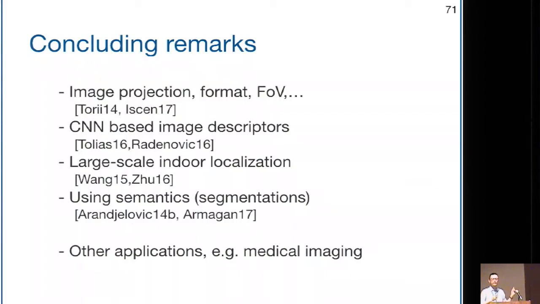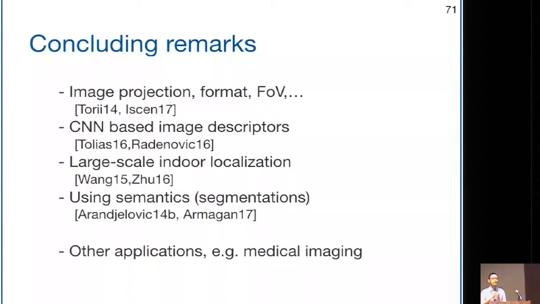Earlier in this session, I said we just make cutouts of perspective images from the panorama, but of course, this does not really cover the whole nice characteristics of the panoramic view. So there could be a better representation of the image or better representation of the image descriptors. I'm quite interested in this direction. And of course, there should be some better CNN-based approach, or maybe a fusion of the feature-based and the CNN-based.